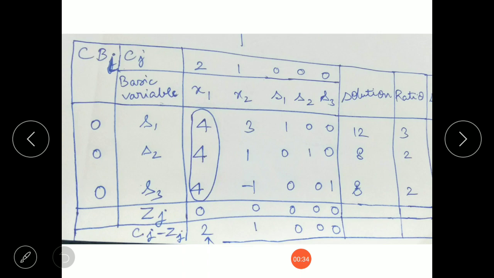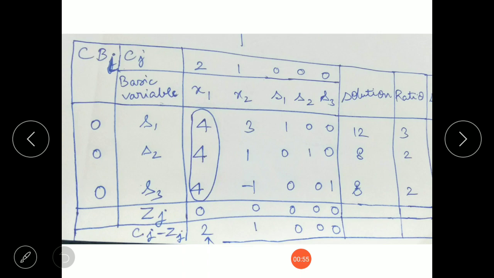You have to come up to the step where you need to encircle the key row, and when you see that there are two minimum elements in the ratio column, then you will know that degeneracy has occurred.